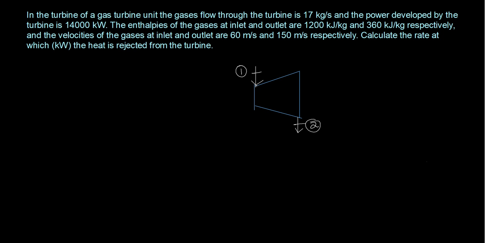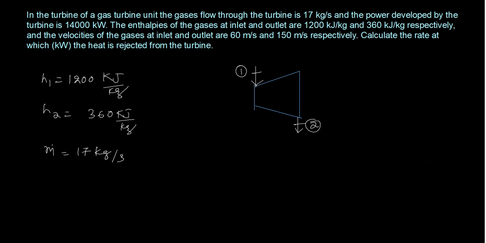At inlet, we are given H1 as 1200 kilojoule per kg, and H2 is given as 360 kilojoule per kg. The mass flow rate m dot is given as 17 kg per second, and W dot is equal to 14000 kilowatt.